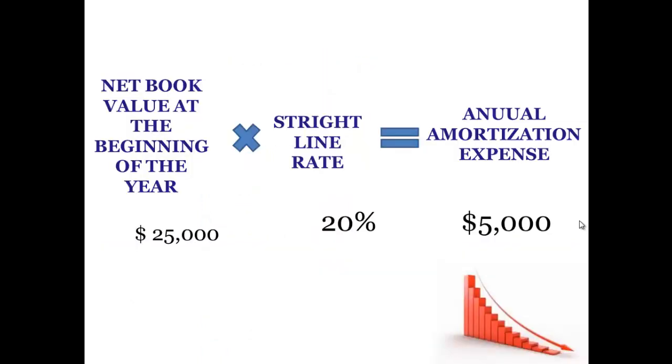So the annual amortization expense for this truck is net book value times the straight line rate. So it's 25,000 times 0.2, which will give us $5,000.